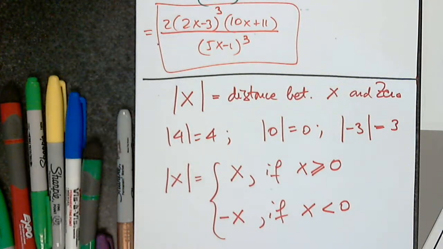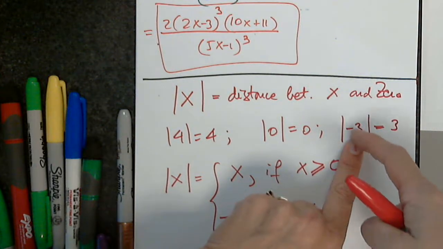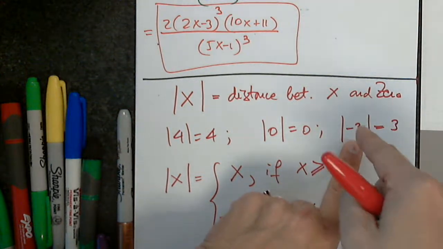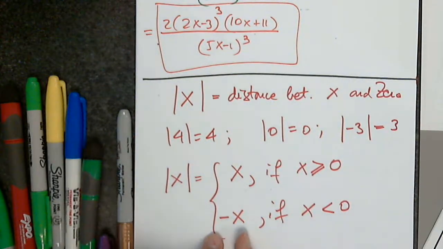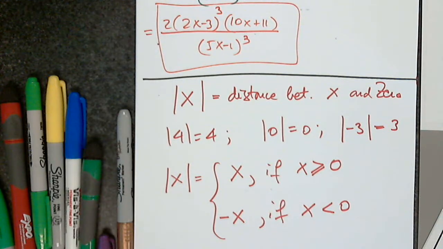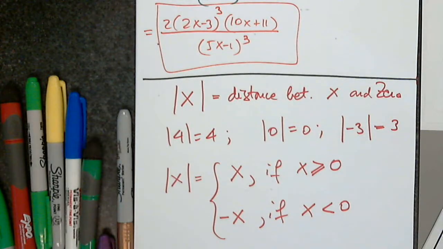The opposite of the negative number, right? Here's an example. The absolute value of the negative number is the opposite of that number. And that's how we get the negative x. We should always remember this definition because it's applicable to any absolute value applied to an expression.